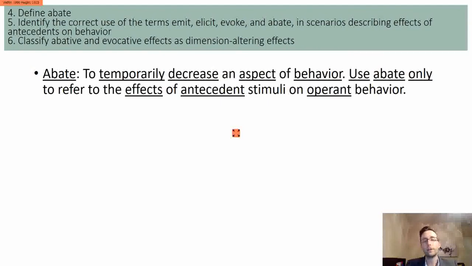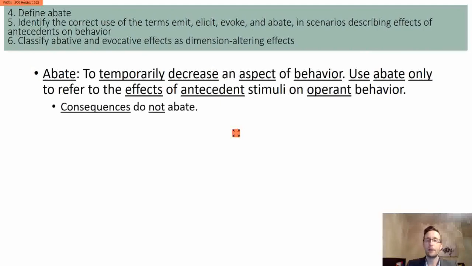Abate is to temporarily decrease an aspect of behavior. And you use abate only to refer to the effects of antecedent stimuli on operant behavior. We use the word evoke to refer to a temporary increase or a current increase in an aspect of behavior. This is a current or momentary decrease in an aspect of behavior.